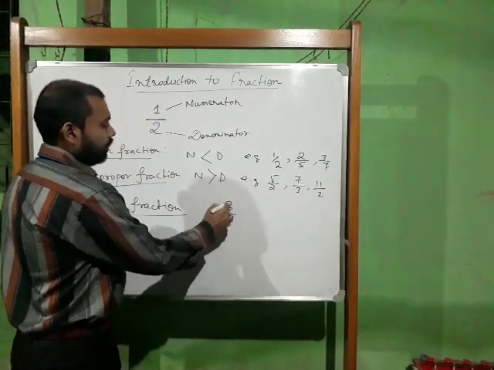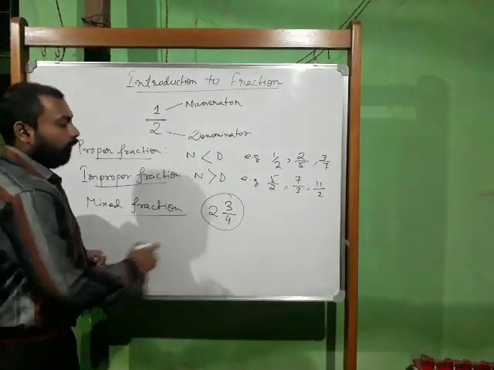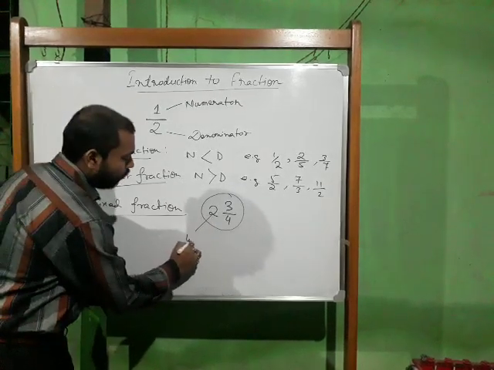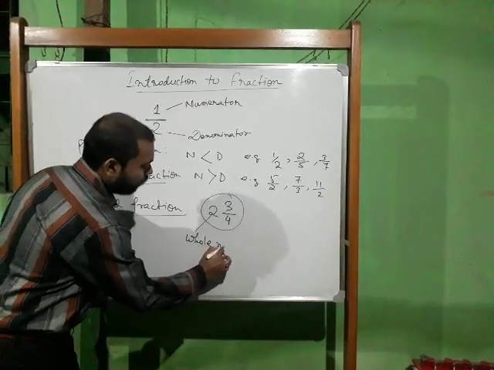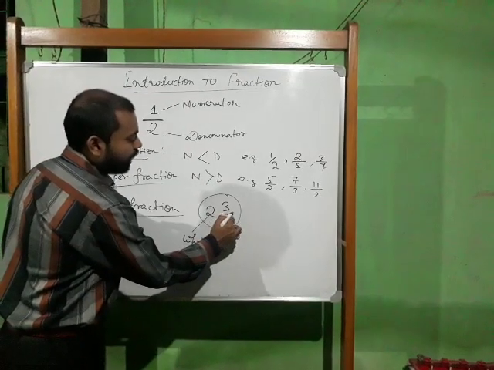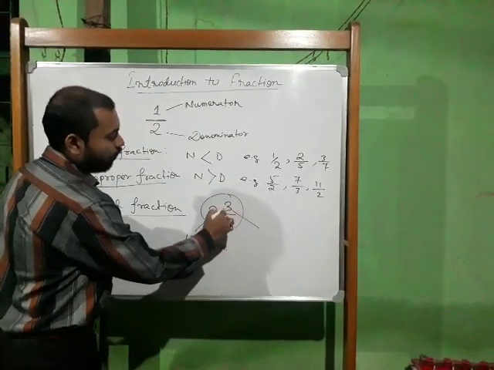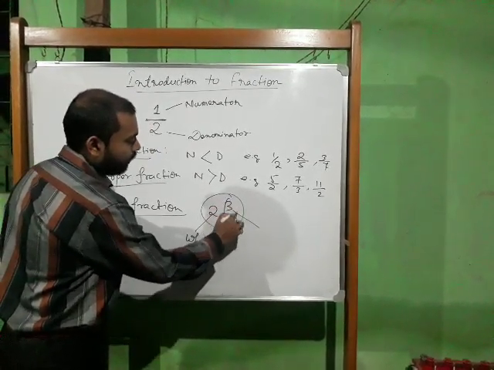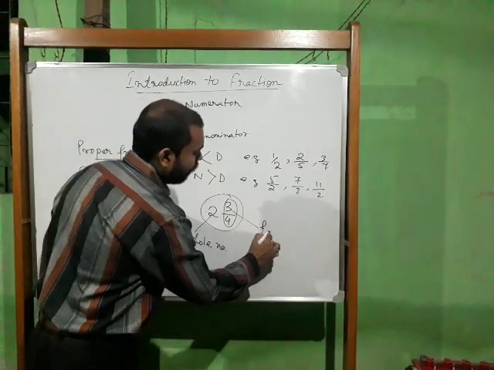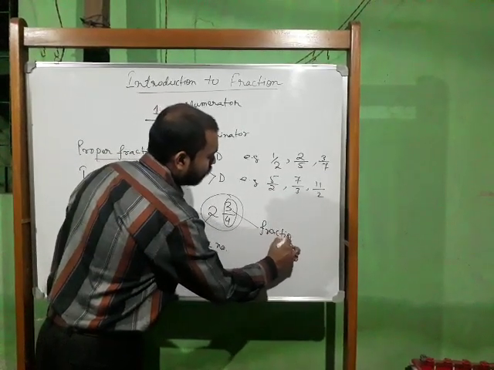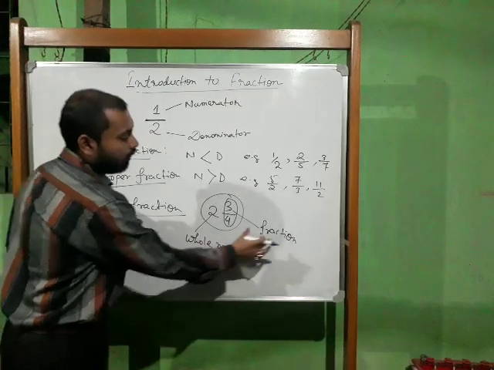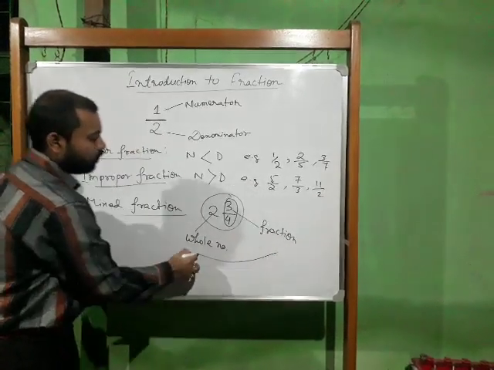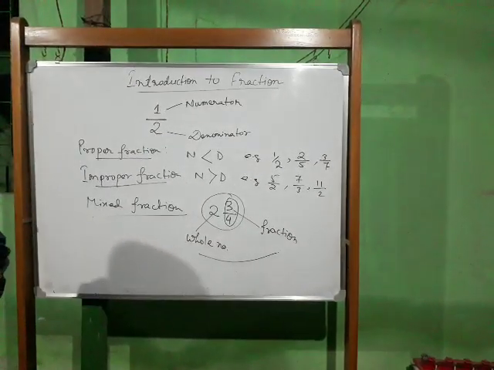So this is a mixed fraction where the 2 is a whole number, and this 3 by 4th is a fraction. So this consists of two parts, whole number and fraction, together known as mixed fraction.